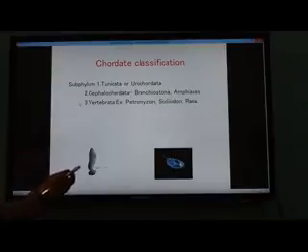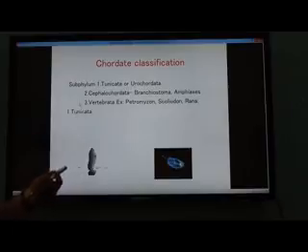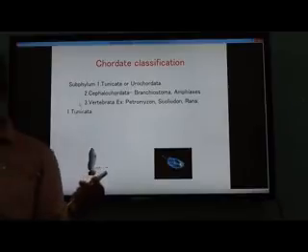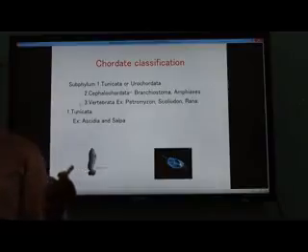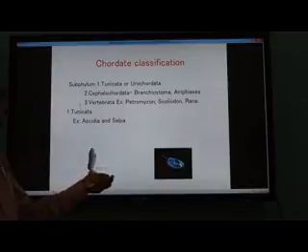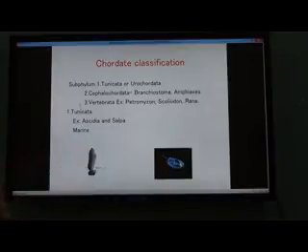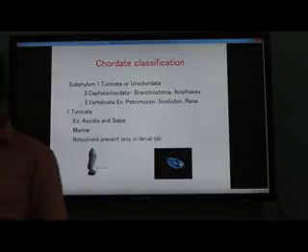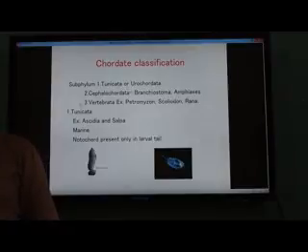Tunicates have the best examples, Ascidia and Salpa. They are marine, and the notochord is present only in the larval tail.